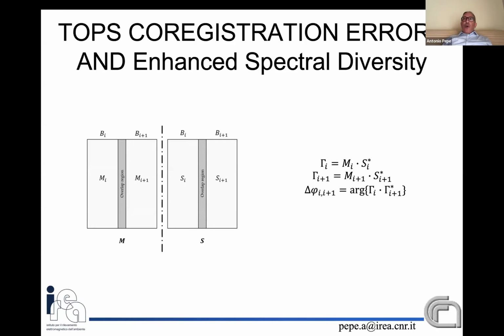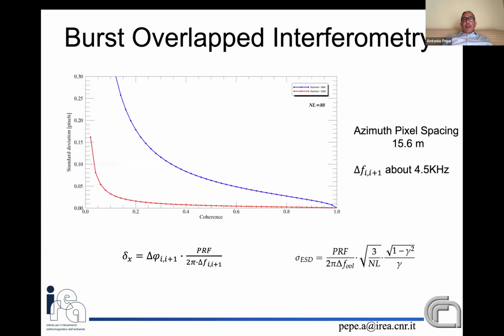For this talk, what is important to know is that we can recover the azimuth displacements. We can recover the north-south ground displacements that typically cannot be recovered using simply conventional InSAR data.